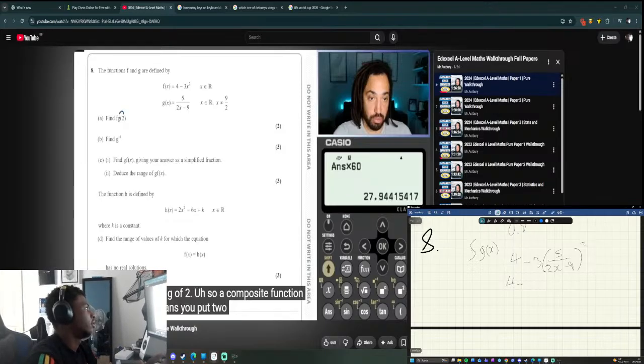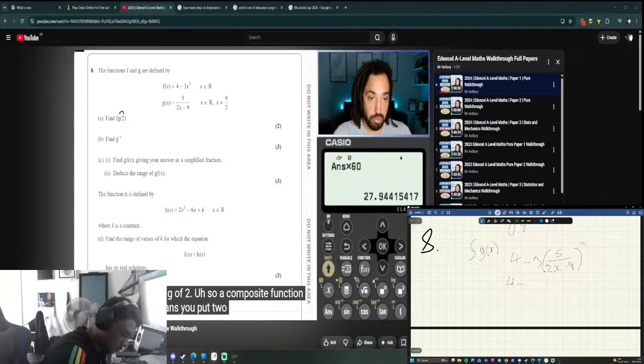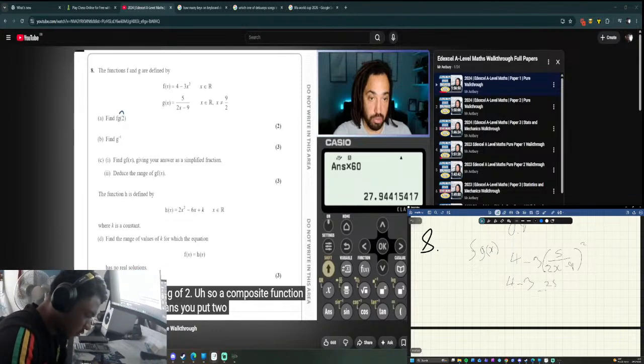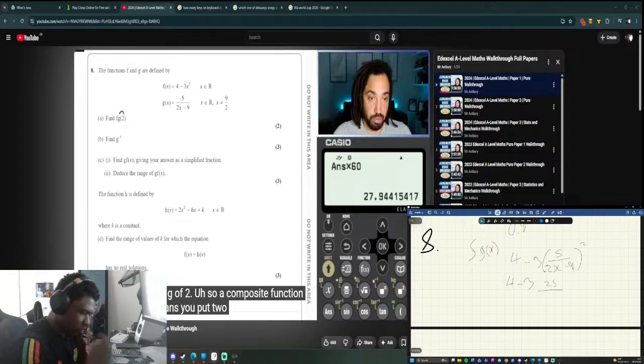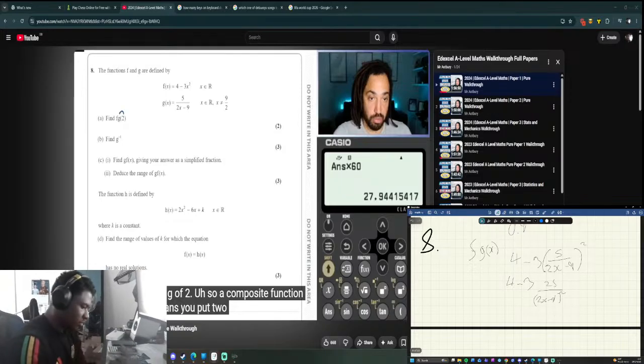Does the 3... No, it doesn't. 3, 25 over 2x minus 9 squared, which is 4x squared minus 18x minus 18x, so minus 36x plus 81.